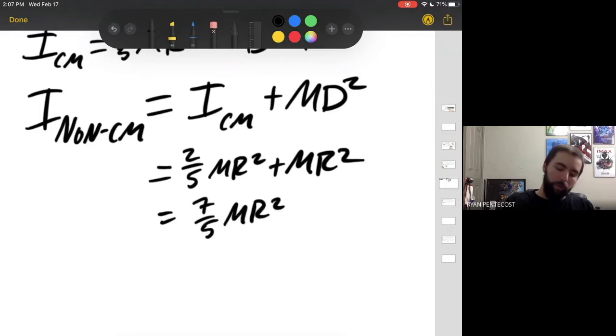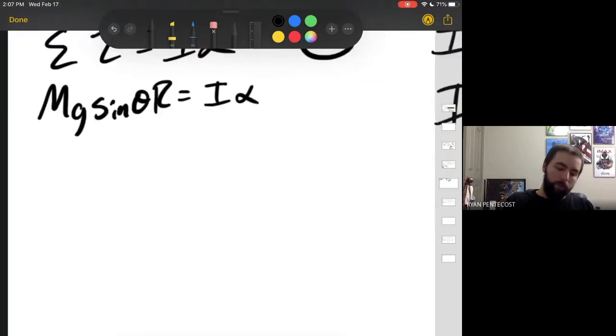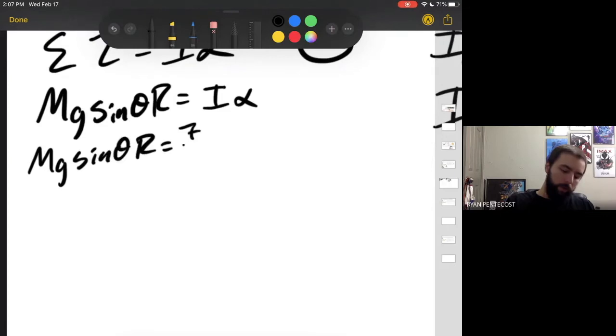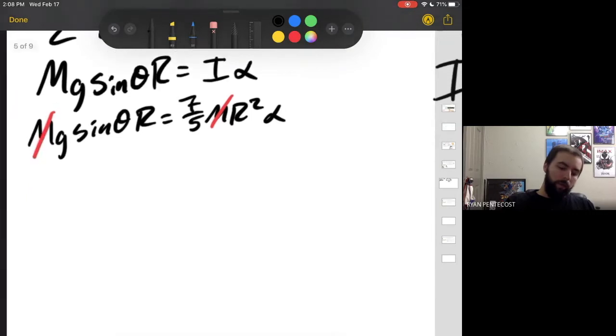Okay. So now we're going to move that over here. We now have mg sine theta r equals 7/5 mr squared alpha. Now, if we cancel the masses, we're going to solve for alpha, right?